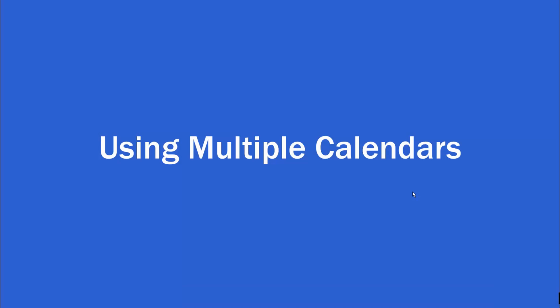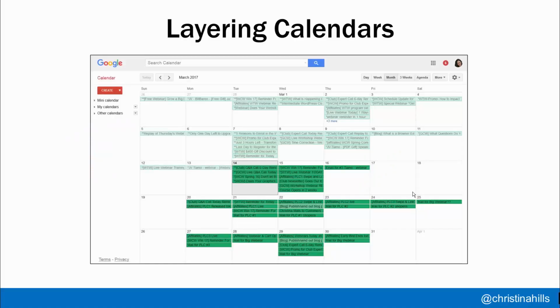So next what I'm going to talk about is using multiple calendars. So up until now, I've just been talking about that one calendar, which I set up for Rivian, which is her main calendar. Now I want to talk about adding additional calendars.